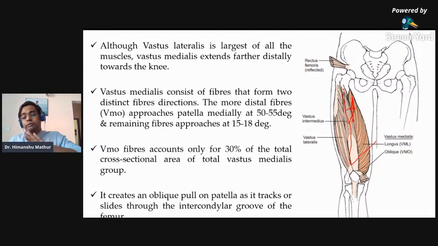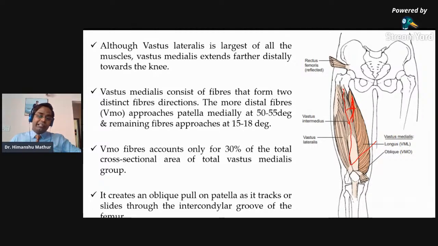So they are more obliquely placed, and that is why those fibers are known as vastus medialis obliquus, and the straighter fibers are known as vastus medialis longus. So we have two types of fibers of vastus medialis: vastus medialis longus and vastus medialis obliquus.